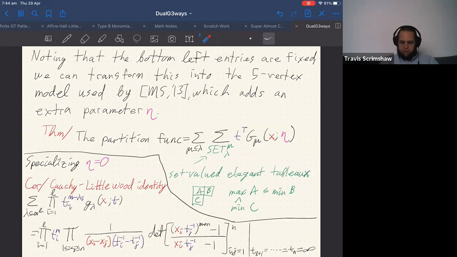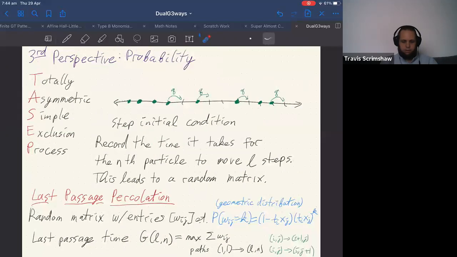So I can actually get some honest lattice models stuff that I can't do at the level of combinatorics by making this deformation here. And so with that, we're going to switch to the third perspective. And unfortunately here, I don't really have a good lattice model interpretation for this.